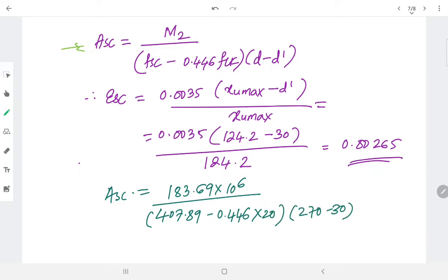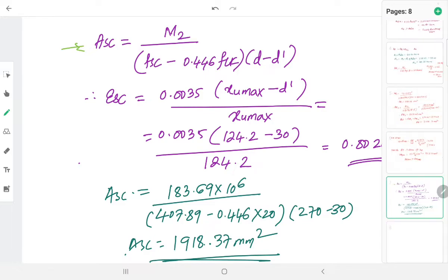When you solve this, you will get ASC equal to 1918.37 mm square.